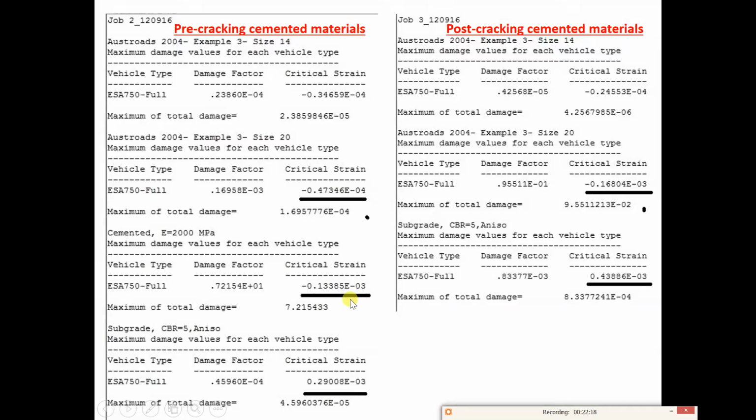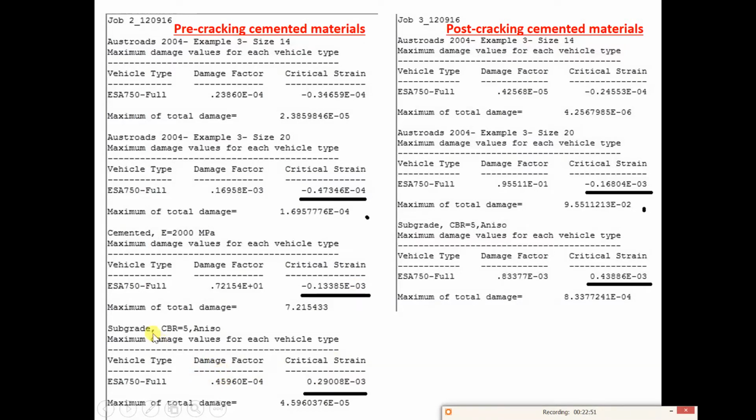We just consider the bottom one, because for the asphalt there are two layers, and we just consider the bottom layer. The cemented material gives us this critical strain, so we need to multiply by 1 times 10 to the power 6 to get the microstrain.